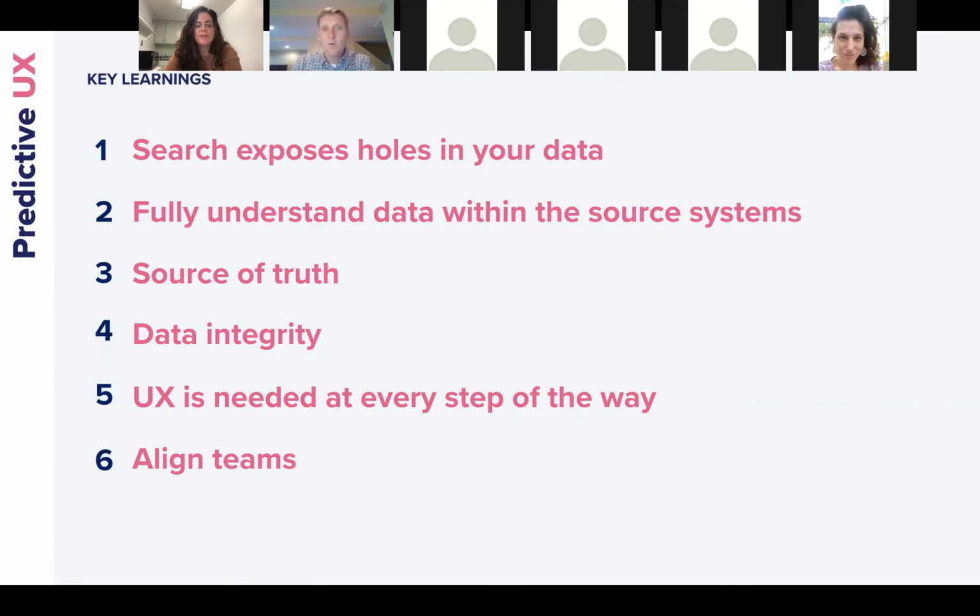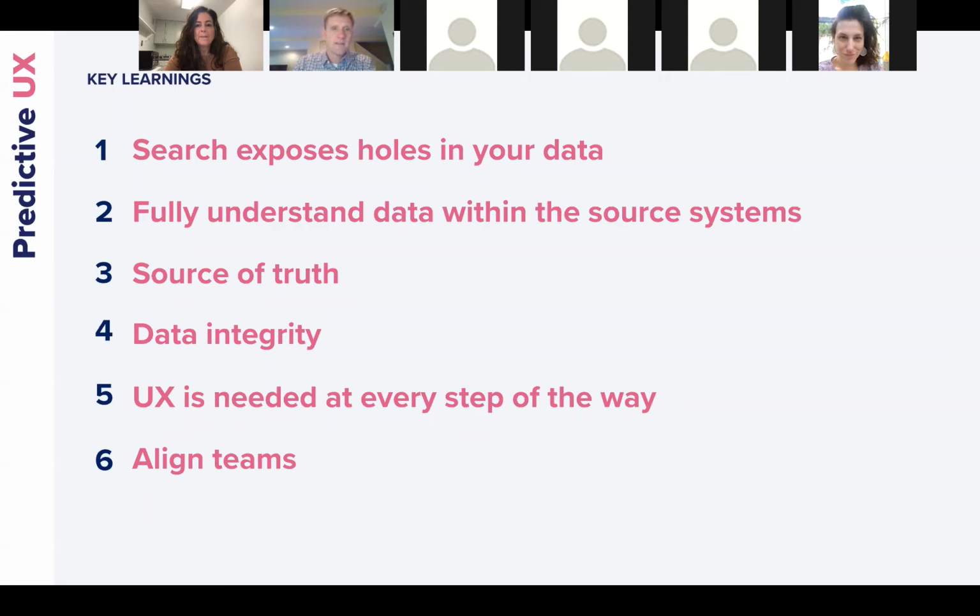UX is far more important in these processes than a lot of people realize, all the way down to finding what data there is, looking at the data, presenting that data to users, and seeing if they have value in it. A whole series of steps are taken from a UX perspective, and specifically from UX research in the initial parts of these projects, to really get at the value of the data, how it can be used, and really getting at those data consumers and what they're looking for with it.